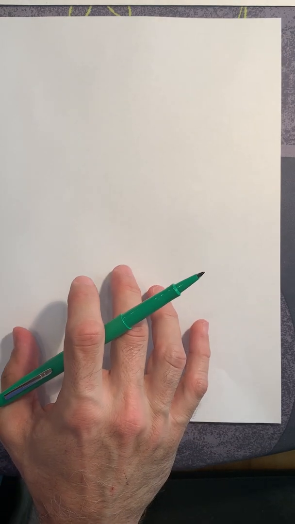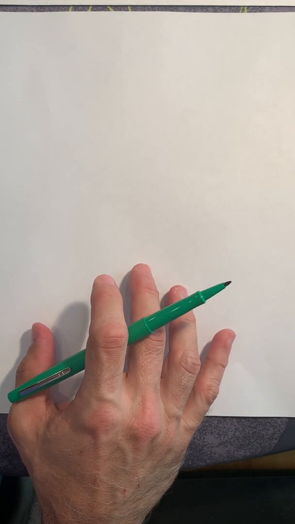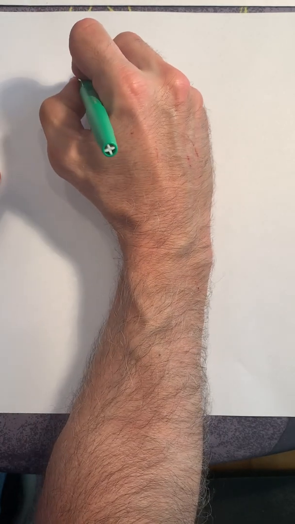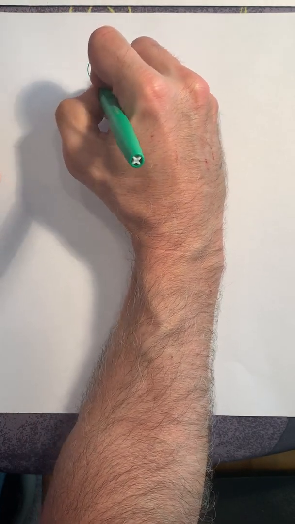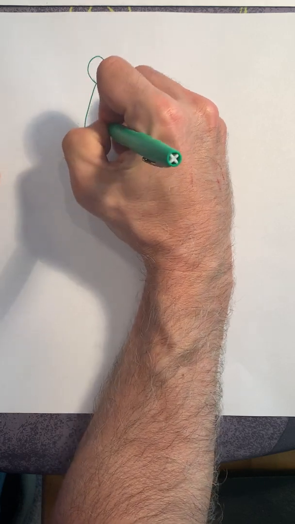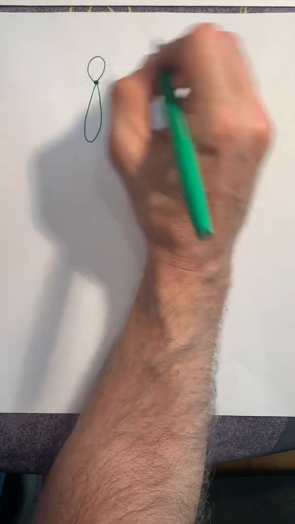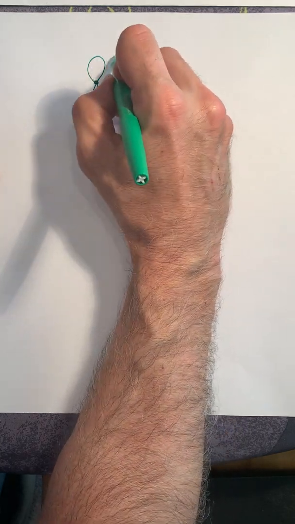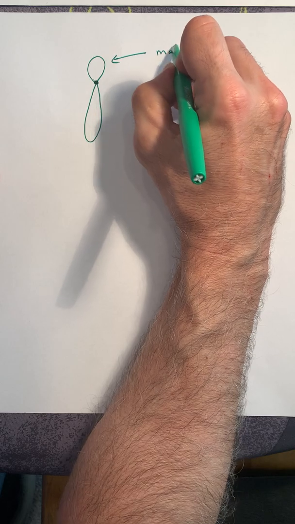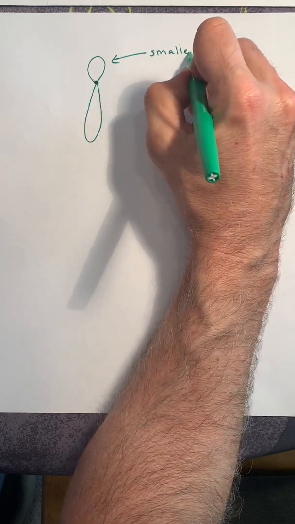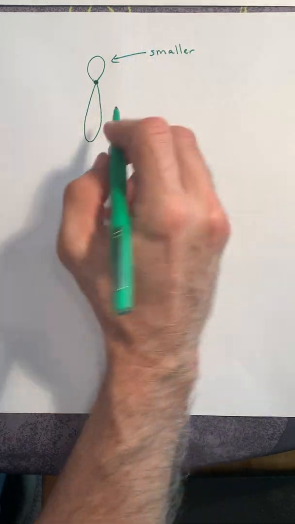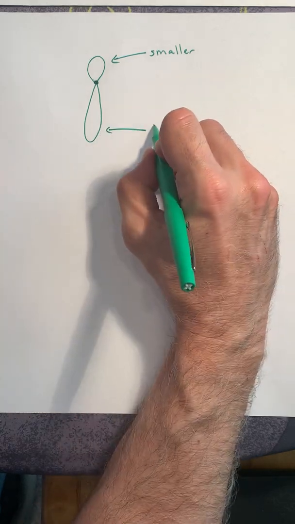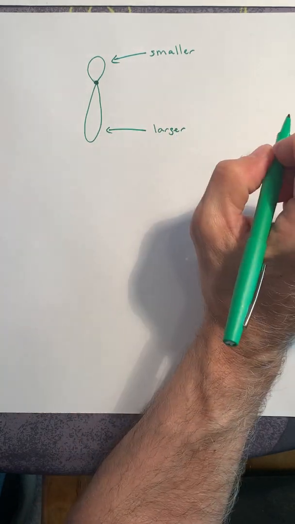And we need to talk about those chromatids because there are some instructions in your genetic poster that I need to be clear on. So when you look at a chromosome, the top chromatid and the bottom chromatid are never the same size, okay? The top chromatid is always smaller, and the lower chromatid is always larger, always.